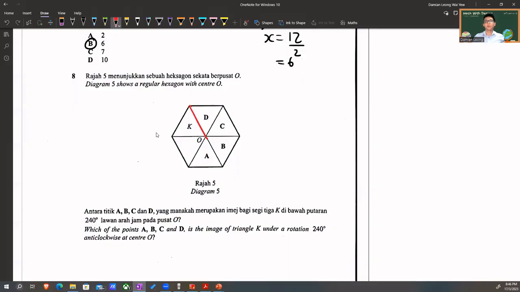Each triangle here should be an equilateral triangle, which means each angle is 60 degrees. So if I take 240 divided by 60, it is 4, which means I need to go through 4 triangles: 1, 2, 3, 4. That is 240. So this line ends up here, so it will be this triangle, which means triangle A.